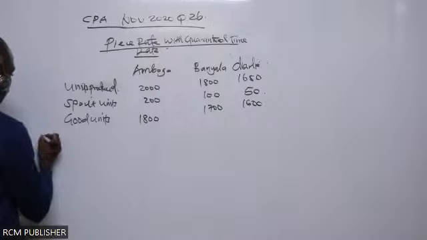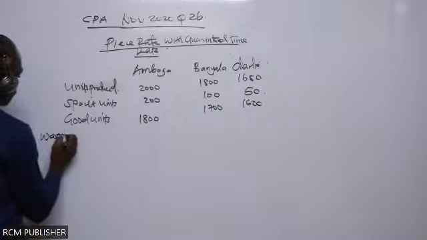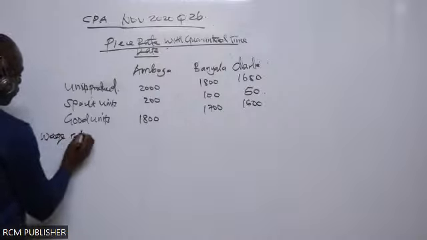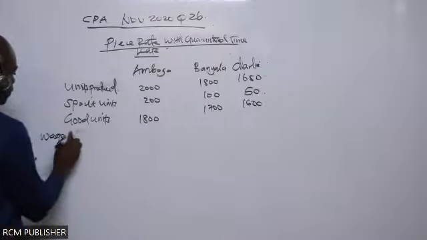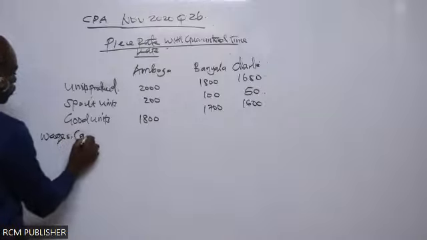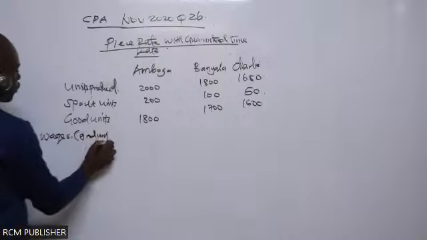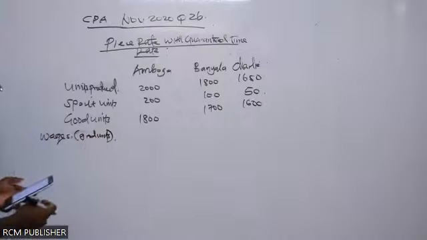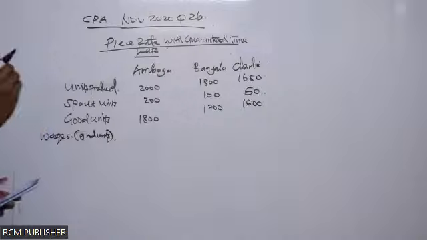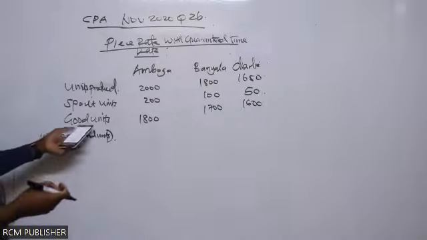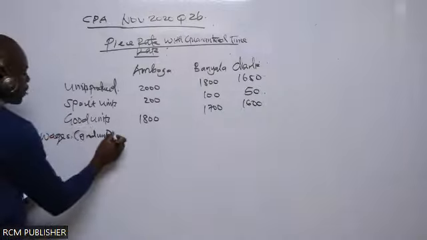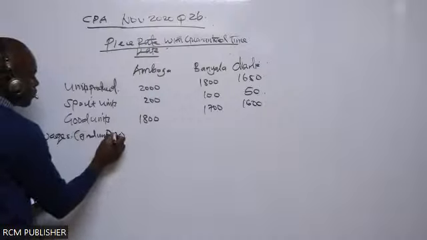So wage rate, or the wages in bracket for good units, they are going to be paid 25 shillings per unit of good product. So of course at the rate of 25 shillings.